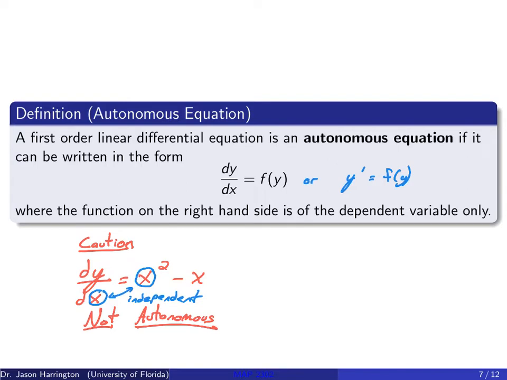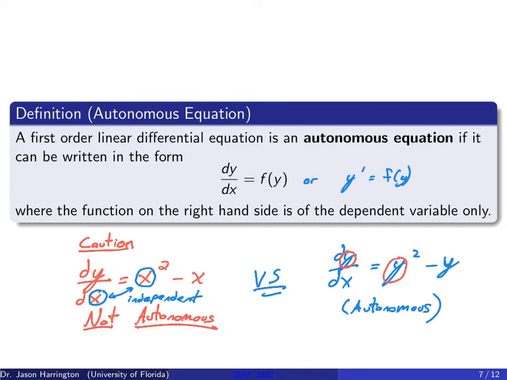You want to make sure you know the difference between that and dy over dx is equal to, say, y squared minus y. They're going to behave very differently. This one is autonomous, because y is your dependent variable, and everything on the right-hand side is written in terms of the dependent variable.